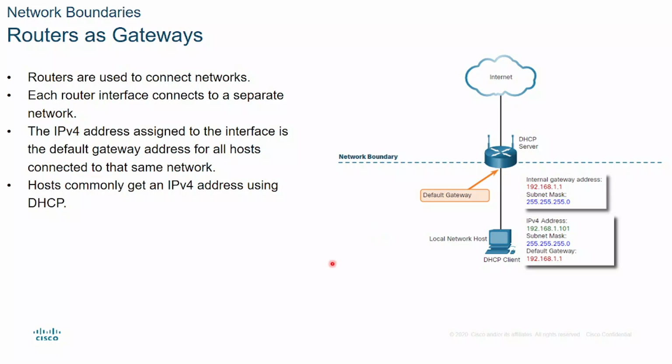Hosts commonly get the IPv4 address using the Dynamic Host Configuration Protocol. So you can have the DHCP client, which is going to get its IP address automatically from the DHCP server.